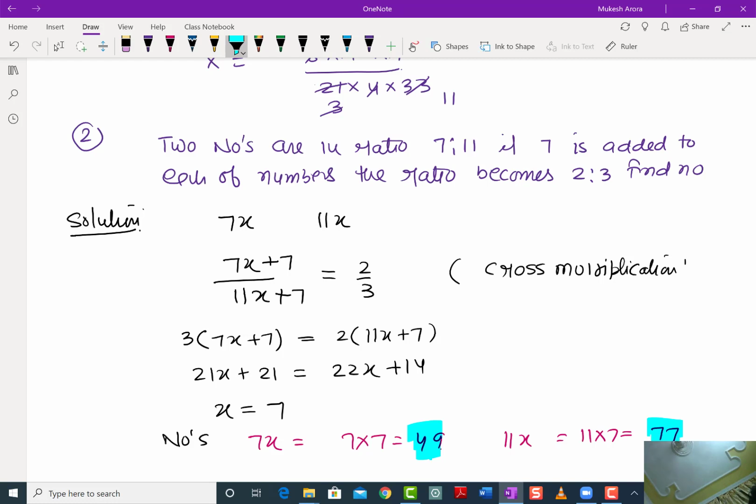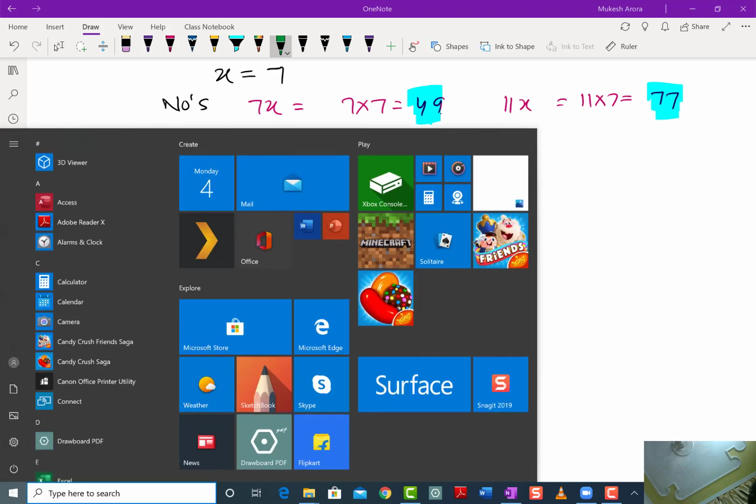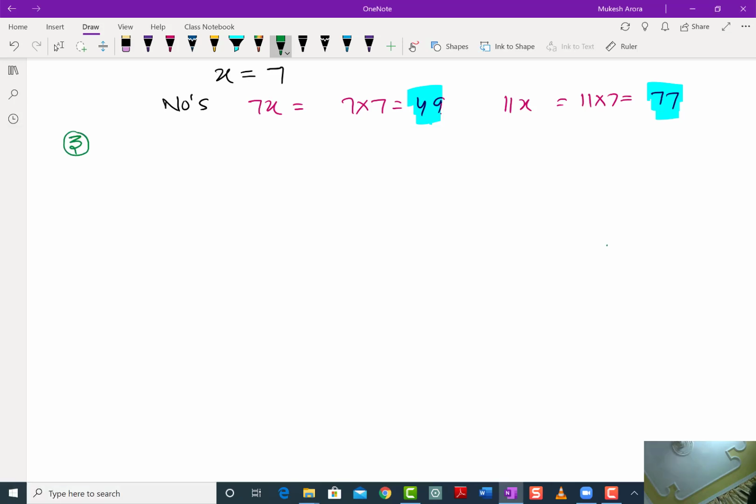Question number 3 is: a sum of money is divided in a ratio 3 ratio 5.